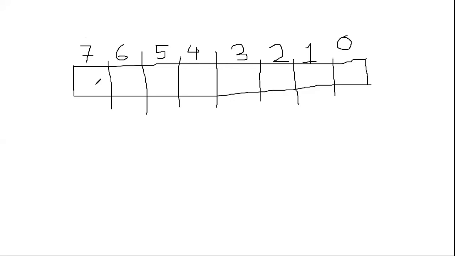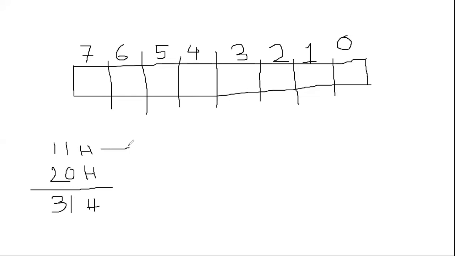Okay, so these are the 8 bits. Whenever we are adding 11H and 20H, the result will be 31H.